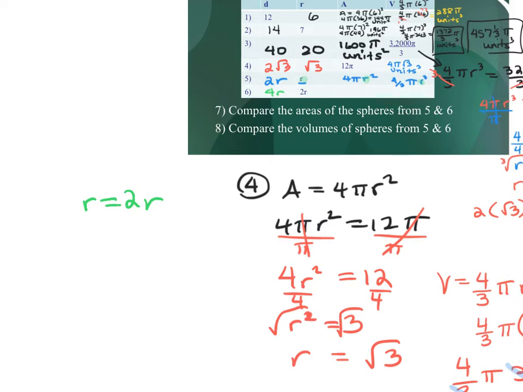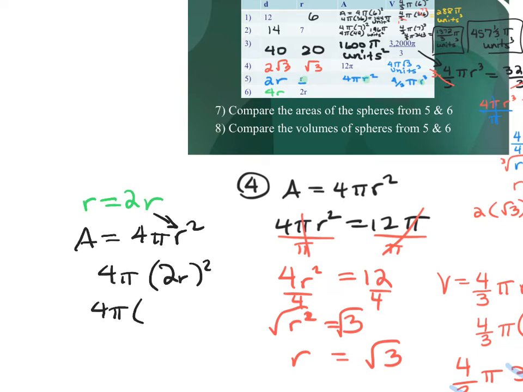Remember your formula for area is 4 pi r squared. So I'm going to put 2r in here. So 4 pi 4r squared. So I'll multiply the 4's and I end up with 16 pi r squared. So that's 16 pi r squared. And again, these are units to the second power.